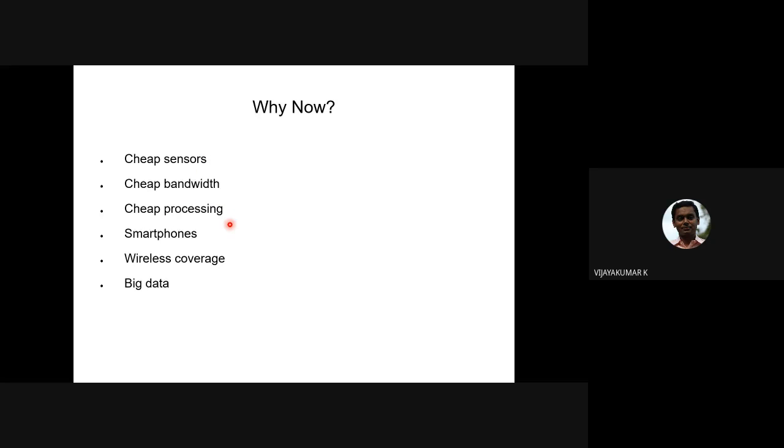And processing: every 6 months or every year, we are coming up with new processors, right? The processors' power is increasing, and the speed of the processor is also increasing. So we have very good computational tools to implement all your algorithms in your system.